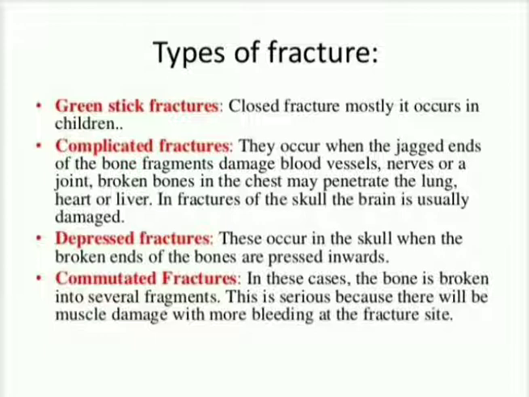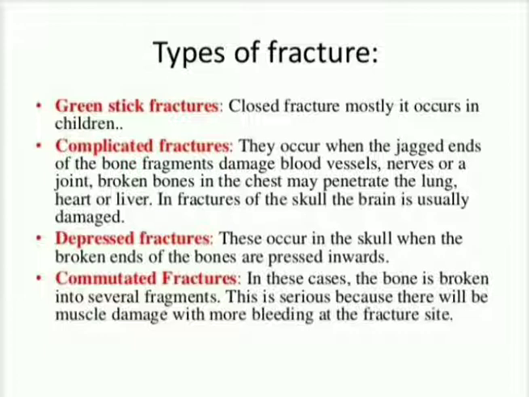What is meant by greenstick fractures? Only one side of the bone is broken and the other is bent. Complicated fractures are those with bone fragments damaging blood vessels, nerves and joints.